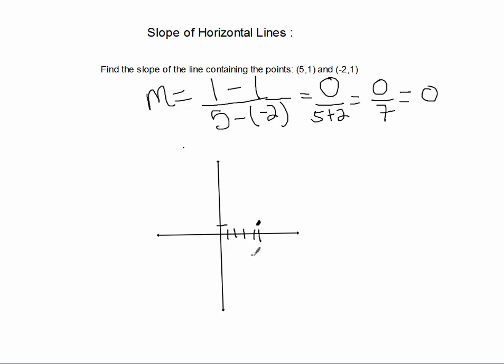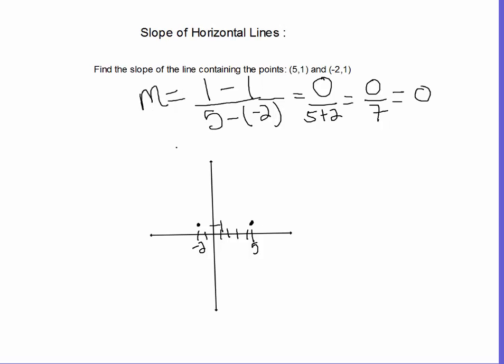Here's my point, 5, 1. And let's graph -2, 1. So -2 for the x, 1. And you can see that they're part of a horizontal line. Let me graph that line real quick. It goes from here to here.